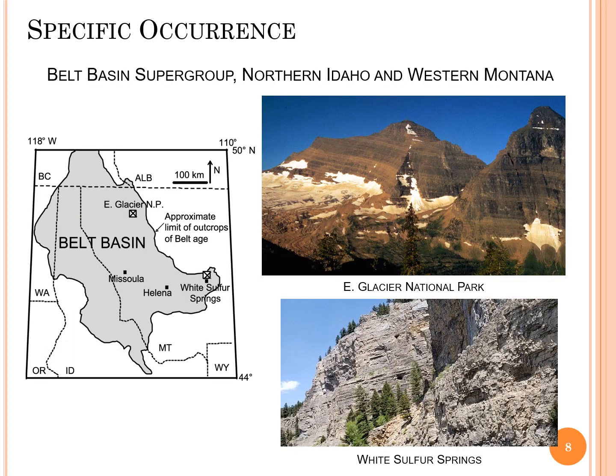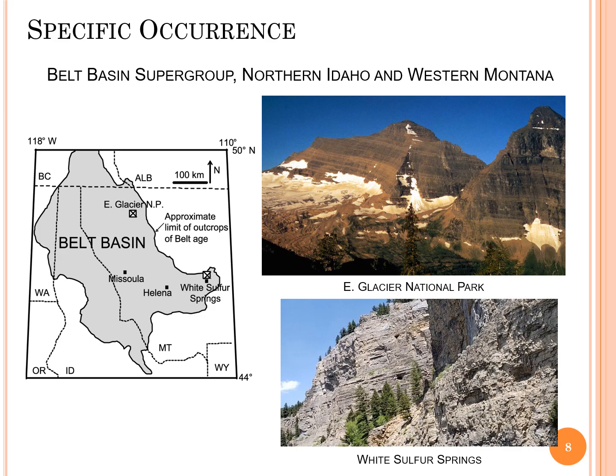But let's zoom in specifically on our area of Montana quartzite. So here we are now with a picture on the left of an area we call the Belt Basin. It's an old depositional area, many hundreds of millions of years old. It extends all the way from southern British Columbia all the way down into Idaho, with a good deal of it lying in northern Idaho and northwestern Montana.